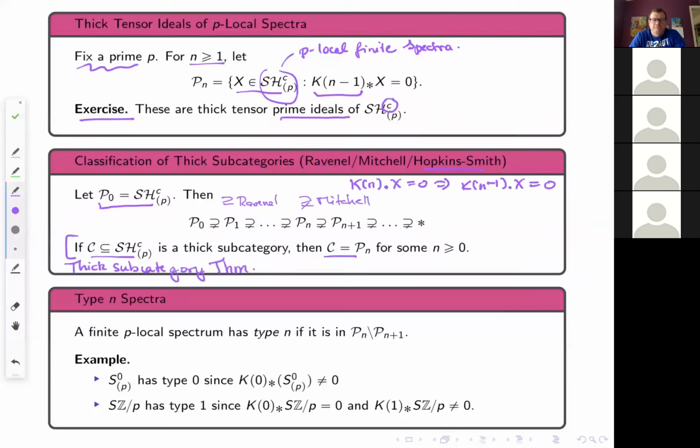These Pn here are prime ideals. So you'll hear people say things like Kns are the primes of spectra. That's why, because of the thick subcategory theorem. It classifies the thick subcategories, and they're all prime ideals. That's what the prime ideals have to be.